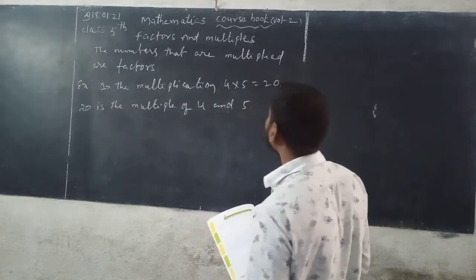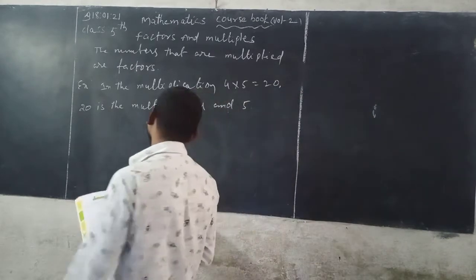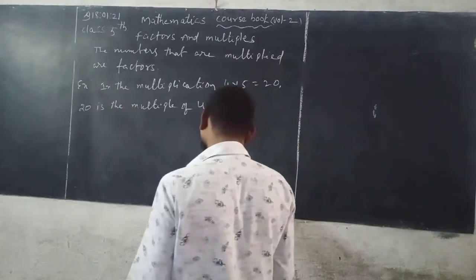See here, in the multiplication 4 5s are 20. Here 20 is the multiple of 4 and 5.